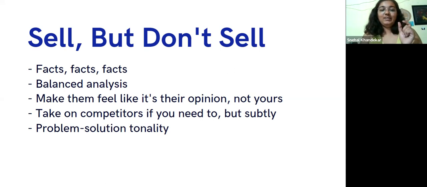So you begin by saying, haven't you ever wished that you had a camera which turns like this? Now you have one. That kind of tonality makes them feel like you understand their problems and care about them and are helping them solve the problem instead of selling your product to them.